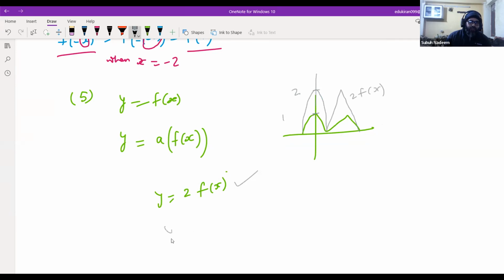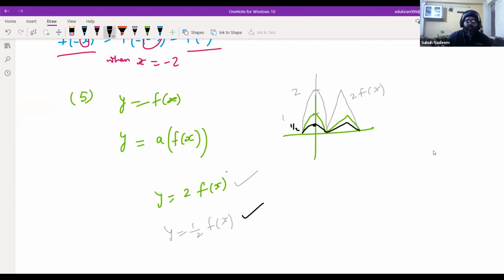If it is half, y is equal to half of f of x, so this we are talking about. So it will get diminished by half. So this point is half.